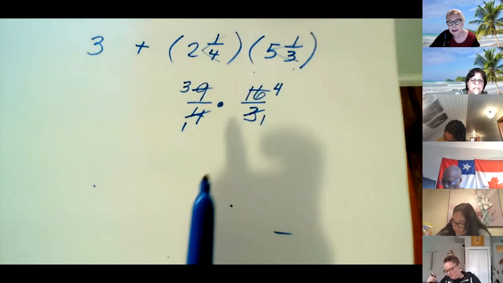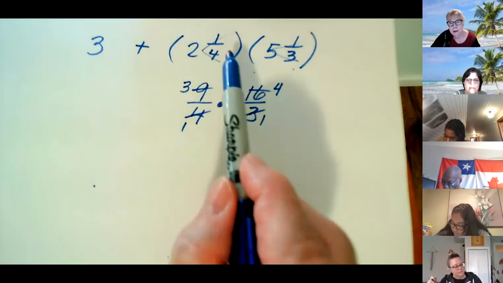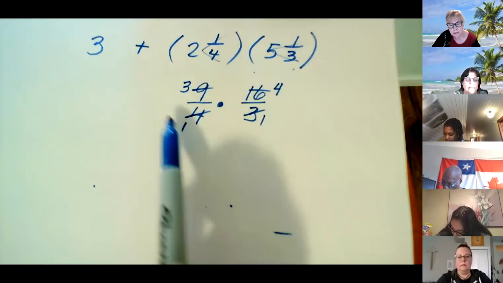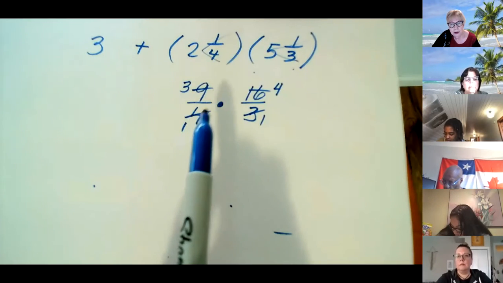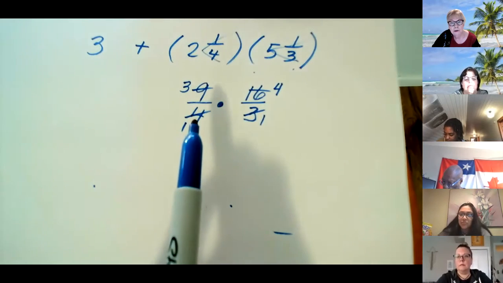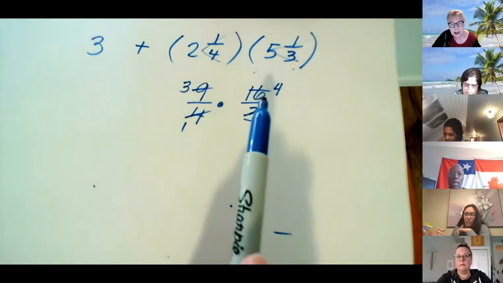All righty. So what I did was I made these mixed numbers or improper fractions simple fractions. And then I saw the good opportunity for canceling. Do you see that? The 9 and the 3. And then I also saw this other good opportunity for 4 and 16.